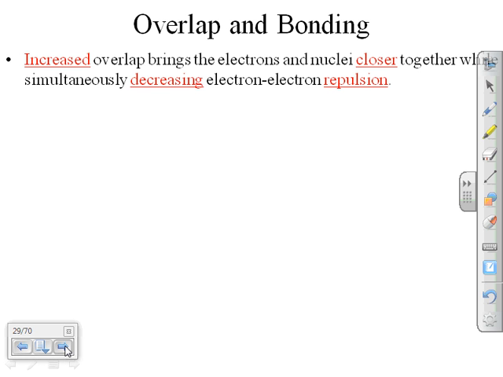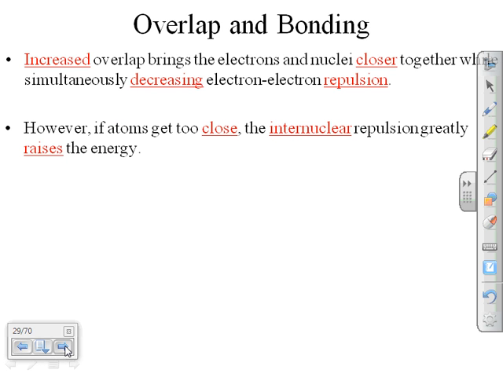It's because of the repulsions of the electrons and also the nucleus from the other nucleus and the attraction of the electrons with the nuclei. So an increased overlap brings the electrons and nucleus closer together while simultaneously decreasing electron repulsions.